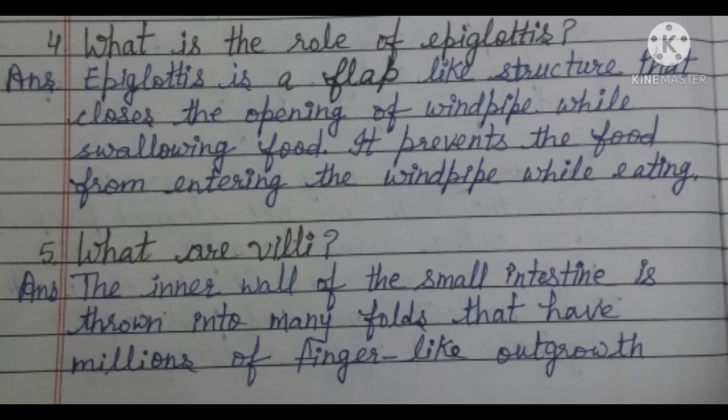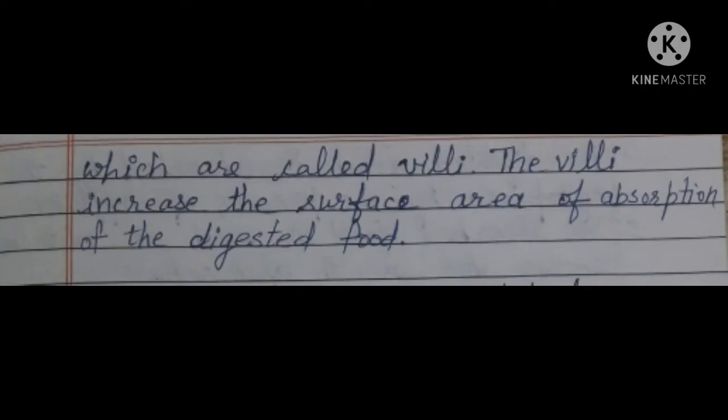Now question 5. What are villi? Answer is the inner wall of the small intestine is thrown into many folds and these folds have millions of finger-like outgrowths. These finger-like outgrowths are called villi.